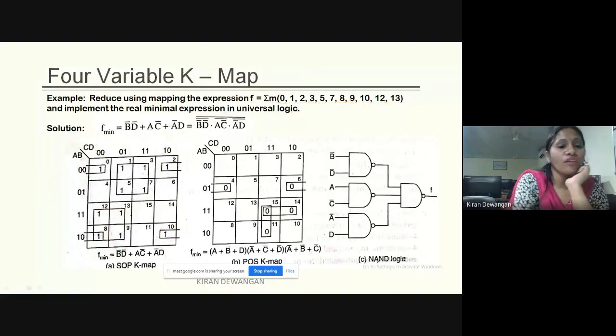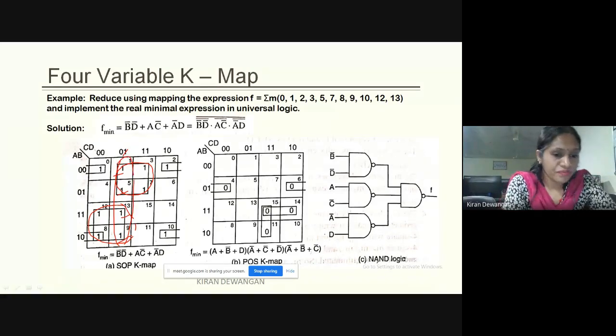Because we have already formed a quad including these two min terms, and we have formed another quad including these two min terms. So just for the sake of forming a quad is not required. Clear? As I've said, we'll just form the quads or the pairs as many as required. We will not form extra quads or pairs.